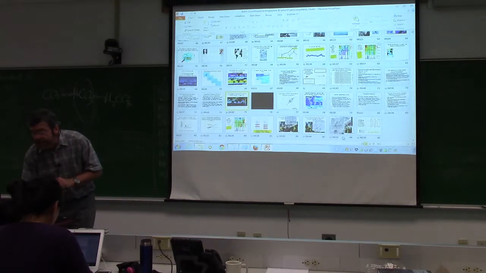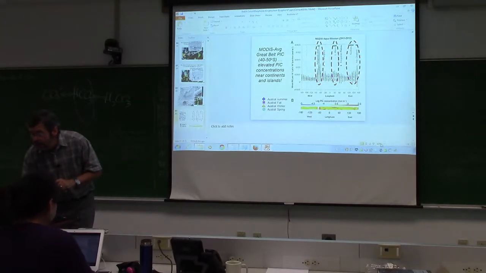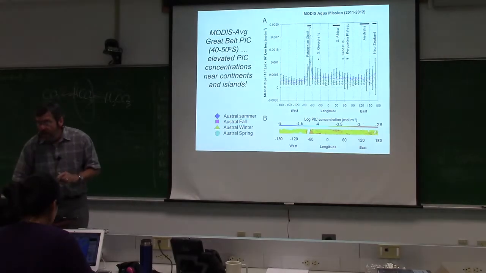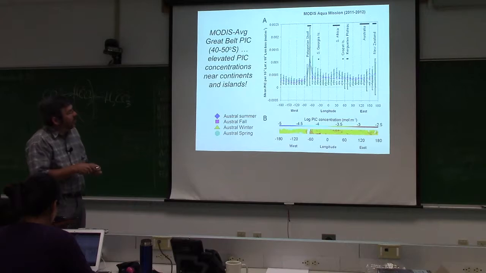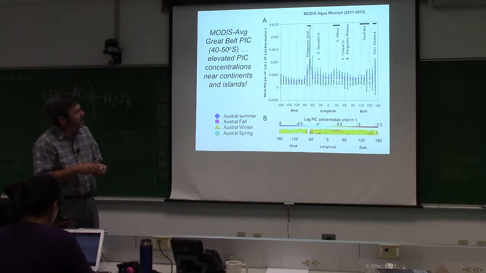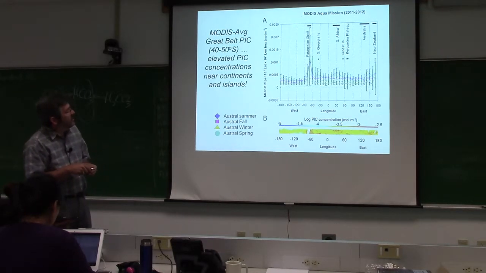If you look, where is it? Right here. And so here is all the way around the globe, minus 180 to 180. And this is in the region of, I think it was 40 to 55 south, something like that.